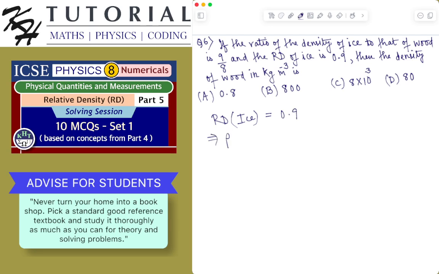So density of ice, which I am denoting with rho I, will be equal to, let's find the density of ice in kilogram per meter cube. So this will be 0.9 multiplied by 10 to the power 3 kilogram per meter cube.